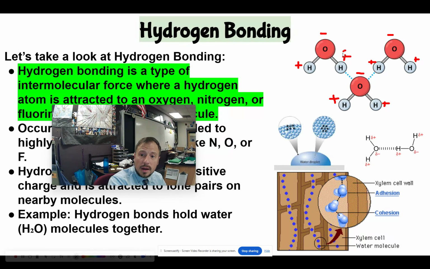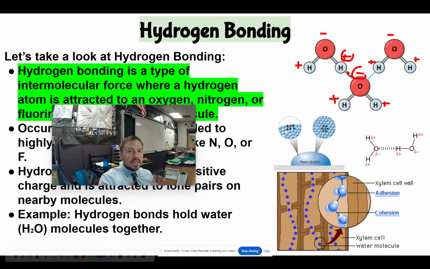Now, because I've got a positive and a negative, I'm going to get a slight attraction here, right? It's not like a complete bond, but I like to think of it, and what I've heard before, is like a stickiness, like these molecules stick together, and this is what causes surface tension. This is why if you see droplets, the surface tension is so strong, because of these hydrogen bonds.